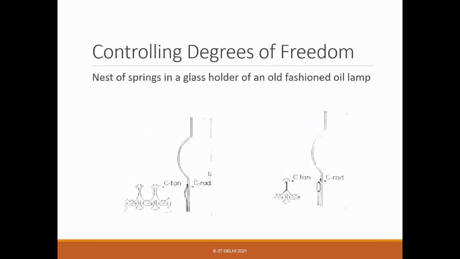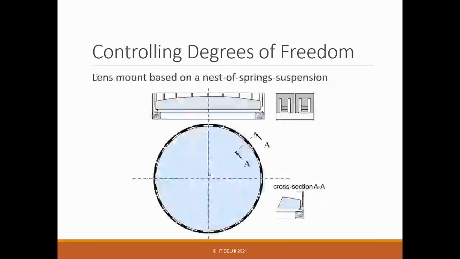So I'll come to this in later classes. So these are like lens mounts you can design on the same principle. In very high precision applications, you need to hold the mirror or lenses precisely without touching the surfaces. So how can you do that? You cannot apply very large pressure or force. At the same time, you want very good stiffness. So you can use this concept and design these mounts.